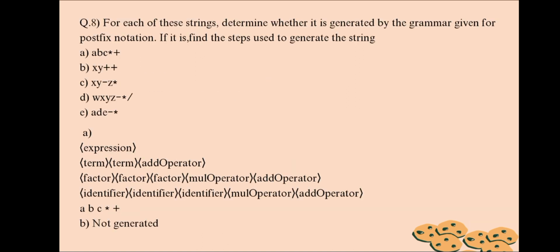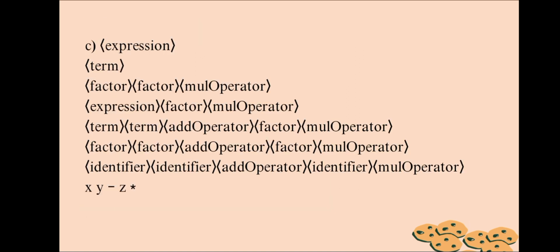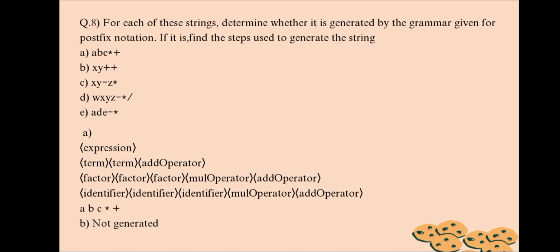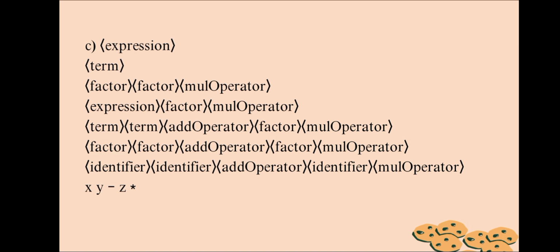And the B question, x y plus plus, is not generated by the grammar for postfix notation. For C, the expression x y minus z and asterisk is generated like this: expression, term, and we have two factors and a mul operator, and in the third line we have expression, factor, mul operator.